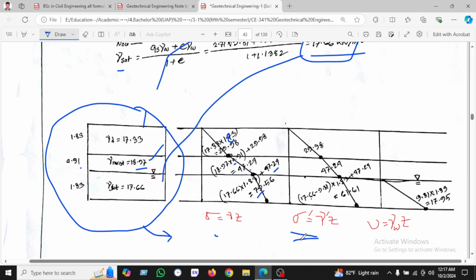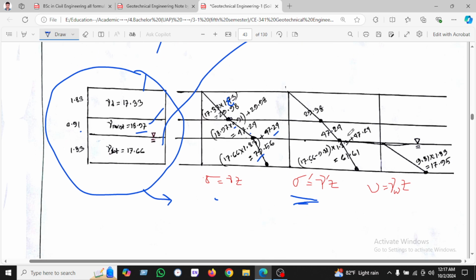When we calculate the pore water pressure, we take it only where there is water, then we detect the water pressure. So at first, 17.3 into 3, we have already calculated 29.8, that's why we will not calculate again here, and 47 is remaining as we have calculated here.